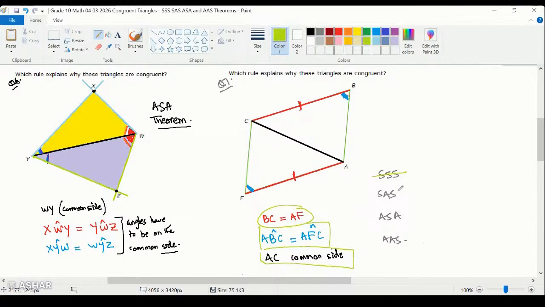Two sides were given and one angle. Therefore, angle angle side, angle side angle cannot be applied. What is left? Side angle side theorem will prove that these are congruent triangles. Agreed? Do we agree on this? Okay, thank you.